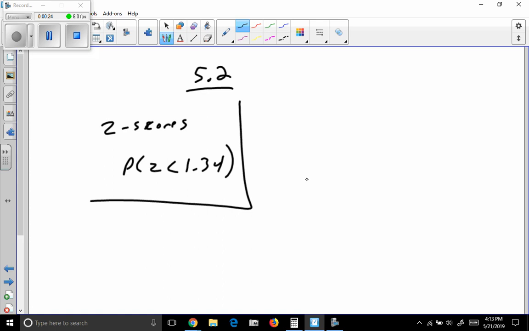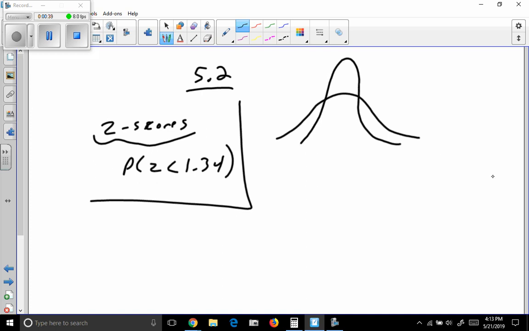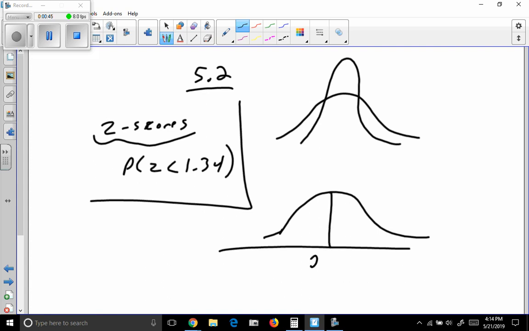Now, the reason we convert things to Z-scores is there are lots and lots and lots of normal distributions. Some normal distributions are wide, some are narrower. Some might have a mean of 200, where another normal distribution might have a mean of 280,000.